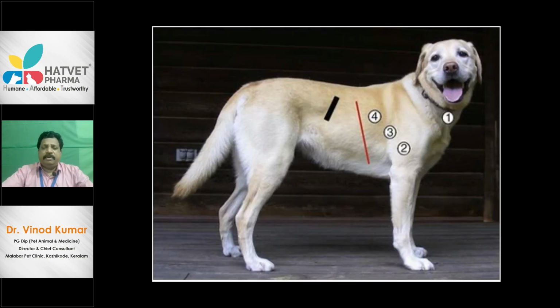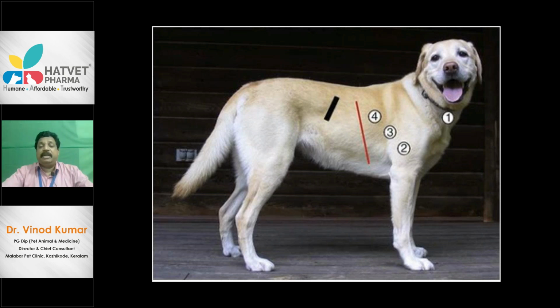See on this Labrador, this is another method of auscultation. On this Labrador, you can auscultate the areas number 1, 2, 3 and 4. Numbers 2 and 3 are the areas for bronchial and bronchovesicular sounds, and number 1 also for bronchial and bronchovesicular.